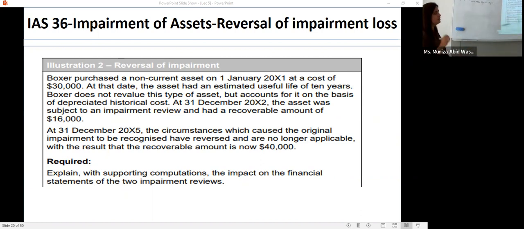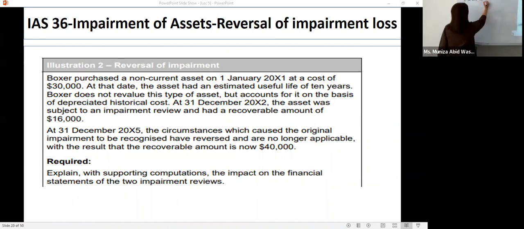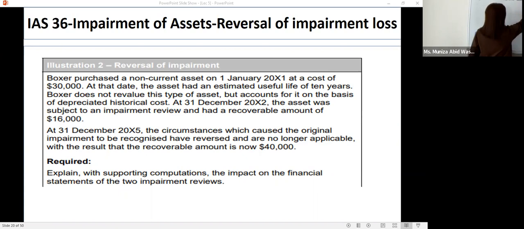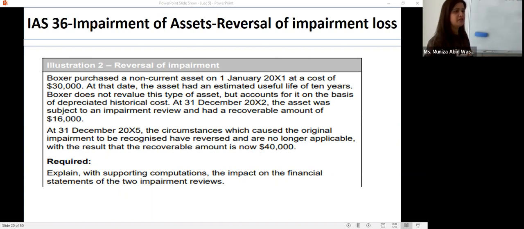At 31st December 2002, after 2 years, the impairment review has occurred, and Boxer found that the recoverable amount is now $16,000. So how much impairment are we going to take to our financial statements in regards to this impairment review?